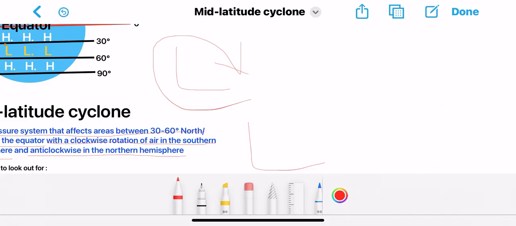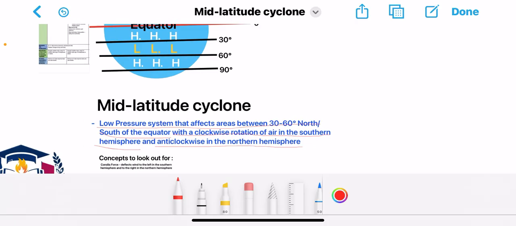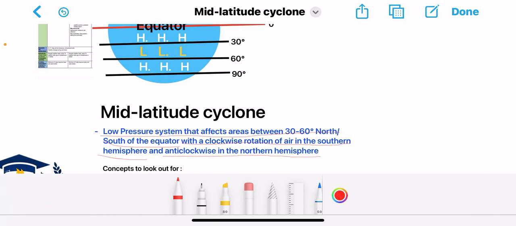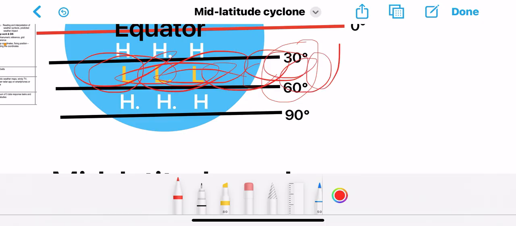So remember, a mid-latitude cyclone is a low pressure system that affects areas between 30 to 60 degrees north and south of the equator, with a clockwise rotation of air in the southern hemisphere and an anti-clockwise rotation of air in the northern hemisphere. So the mid-latitude cyclone affects these areas, 30 to 60 degrees, only.